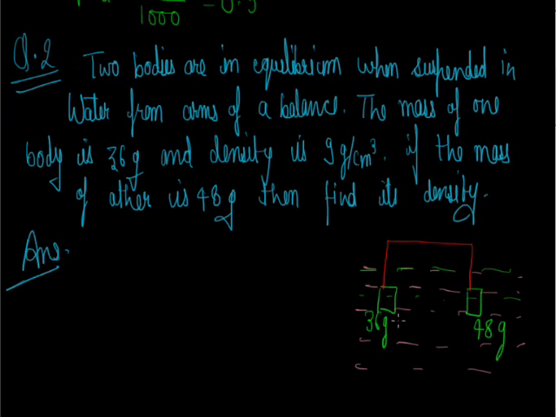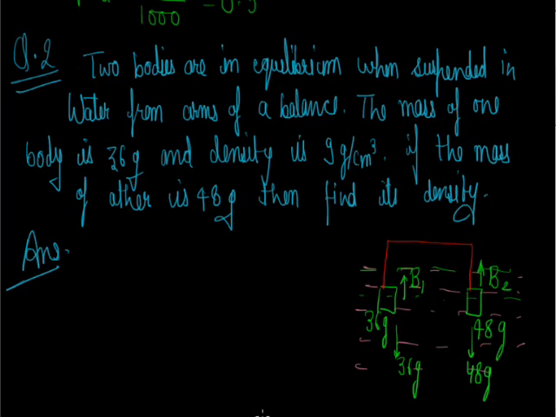Now it is given that they are in equilibrium, they are balanced. The force acting on the 36 gram body is mg, meaning 36 g, in the downward direction, and in the upward direction the buoyant force B1. On the other body, the two forces acting are 48 g in the downward direction and, in the upward direction, the buoyant force.